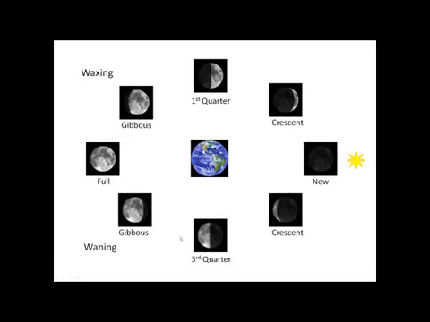And again, these are all illuminated on the left. It doesn't look that way given the position of the sun here, but if you have a question, go back to the previous slide and see how the waning phases of the moon are illuminated on the left. So we start off with this picture.